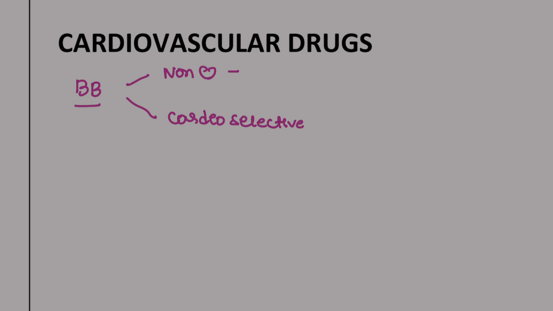Non-selective drugs are commonly used for other conditions, like migraine. Example is propranolol. This can be used for thyroid conditions, migraine and other conditions, anxiety also. Cardioselective drugs are selectively used for hypertension patients or patients suffering from MI.